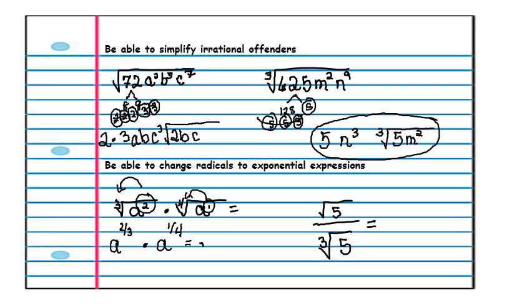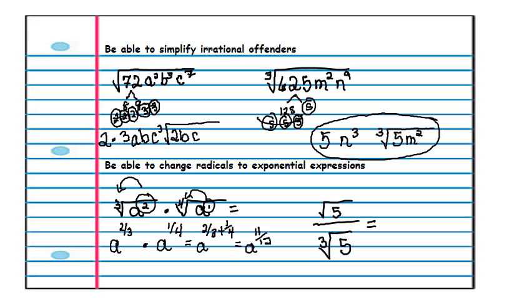That's going to leave us with A to the 2/3 plus 1/4. We need a common denominator to be able to add the fractions. And our final result is A to the 11 over 12. 12 is our common denominator.